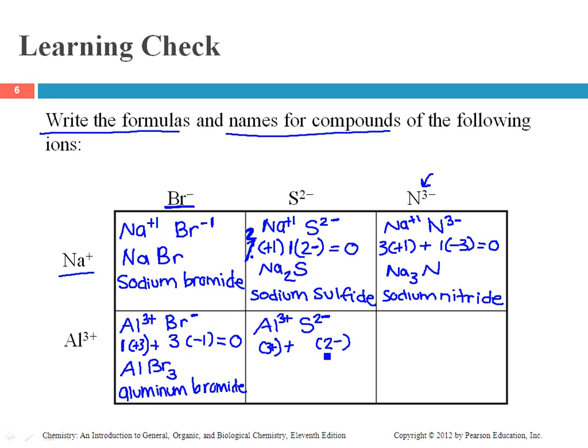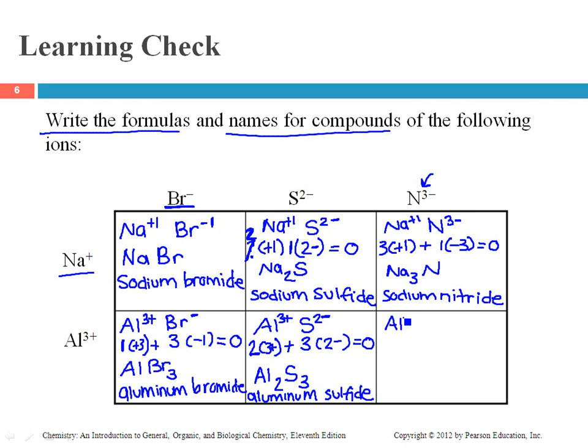So we've got a 3 and a 2, and the common multiple here is 6. If we put a 2 here and a 3 here, we get 0. So we need 2 aluminum atoms and 3 sulfur atoms. We would say aluminum sulfide.